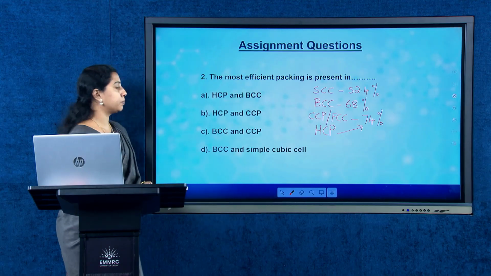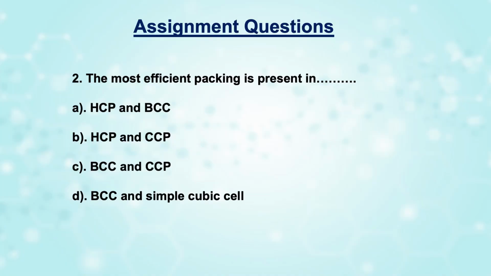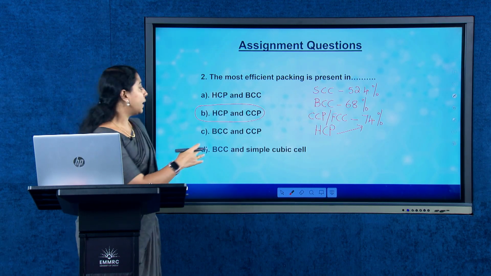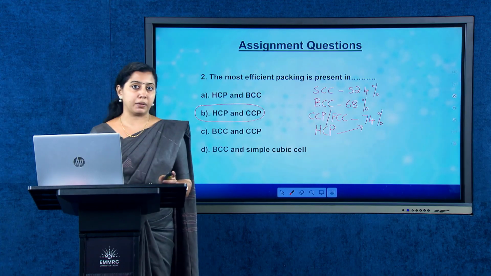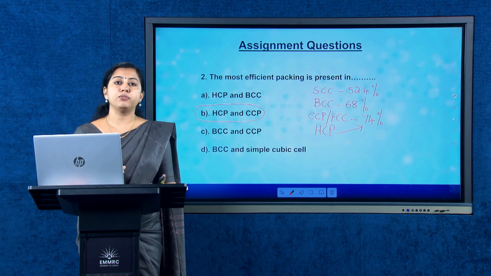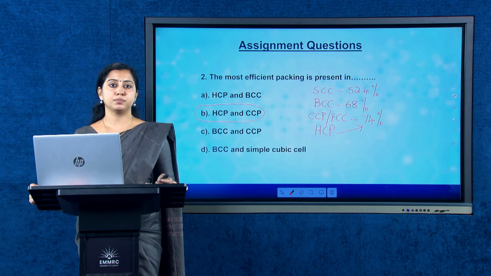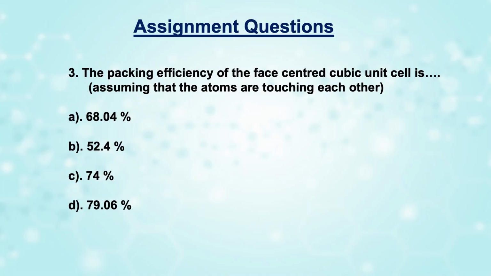So, among these options, the correct option will be option B, HCP and CCP, where HCP is the hexagonal close packing and CCP is the cubic close packing. Both are equally efficient, having a packing fraction of 74%. Now, we will move on to the third question.